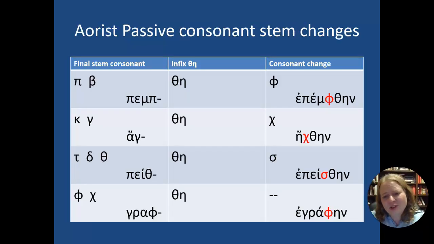And then one other tricky thing about these, but you've kind of already seen this, so you're not totally thrown by it. The perfect did a little version of this, is that certain consonant stems, when they come in contact with that theta, you've got so many sounds together. So like when you have a pi or beta, something that's up here in your labials, like pempo, it becomes really hard to say that, so they actually go with pemphthe, to kind of smooth it out.